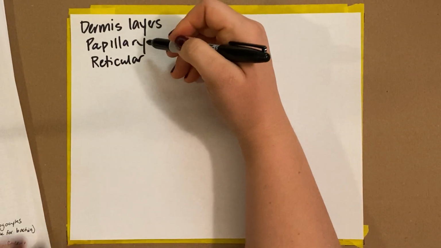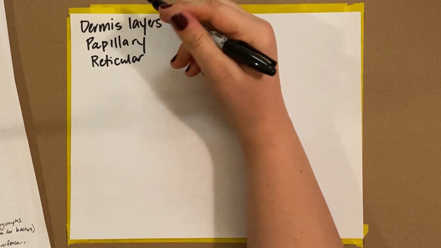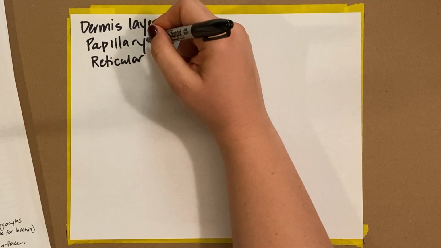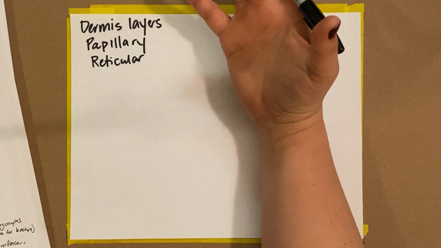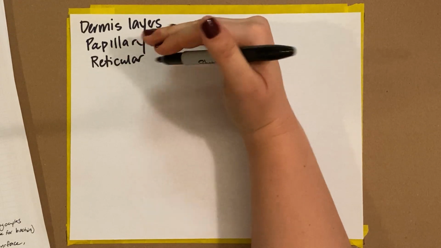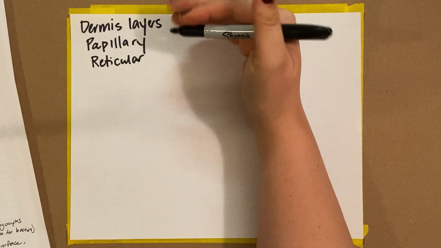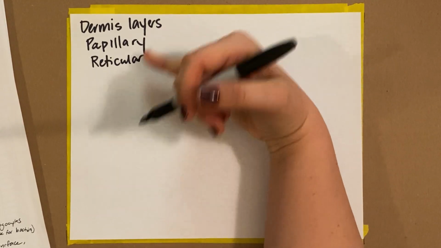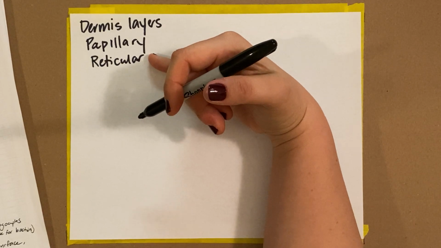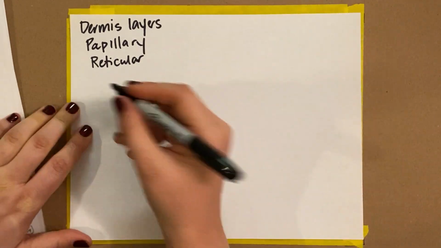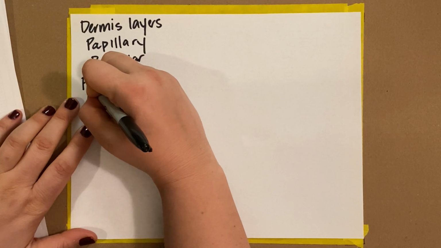The papillary is going to be the more superficial layer, the one that's right beneath the epidermis. And then the reticular is going to be beneath the papillary, so it's going to be the deepest layer.